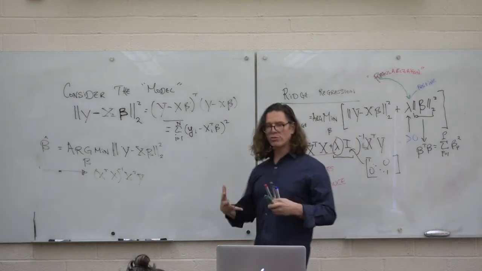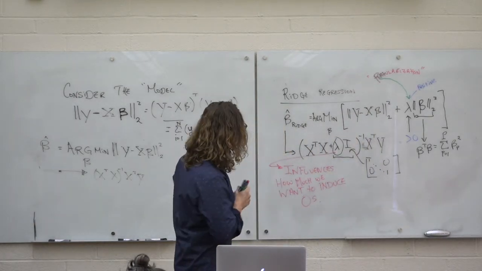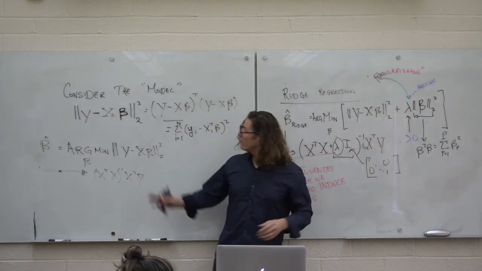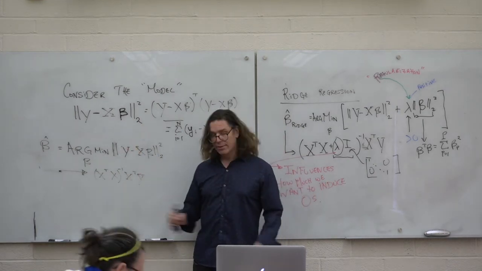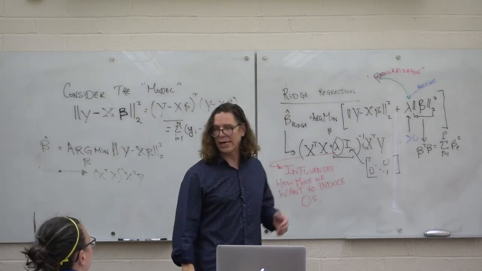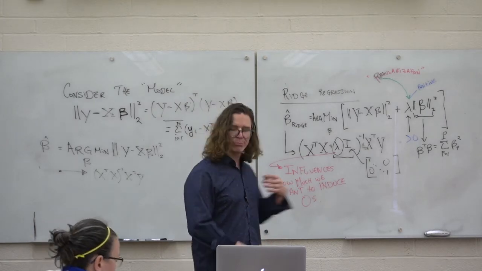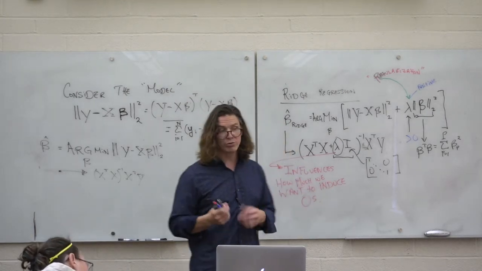So how much force am I going to put on this? I don't want this solution per se. Even if it existed, I might not want that solution because maybe I just have too many betas around that are too close to 0.